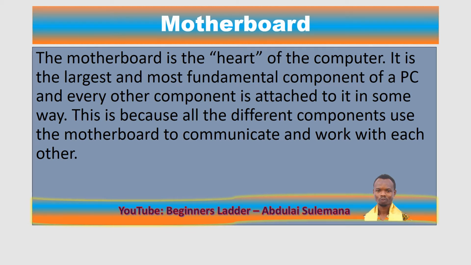The motherboard is the heart of the computer. It is the largest and most fundamental component of a computer, and every other component is attached to it in some way. This is because all the different components use the motherboard to communicate and work with each other.